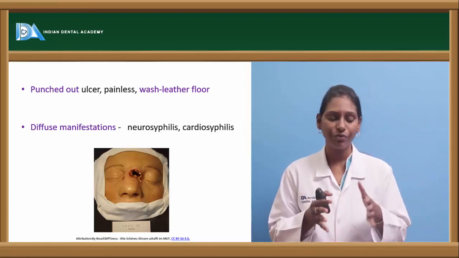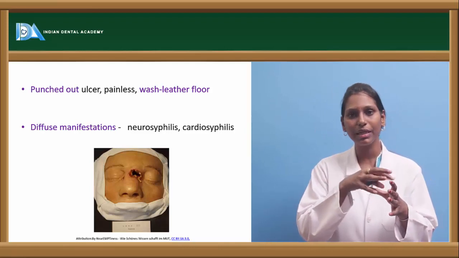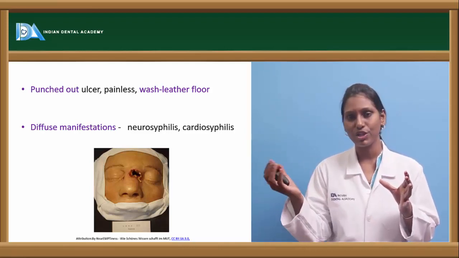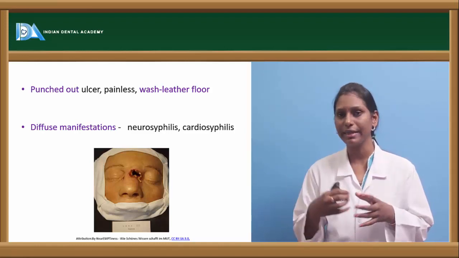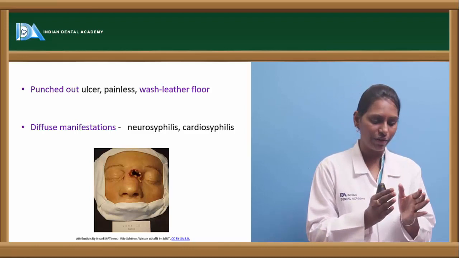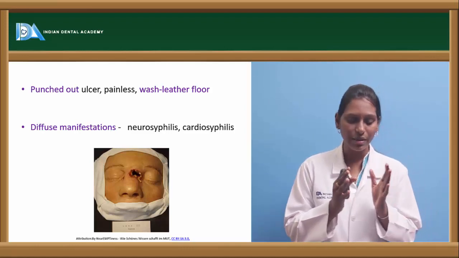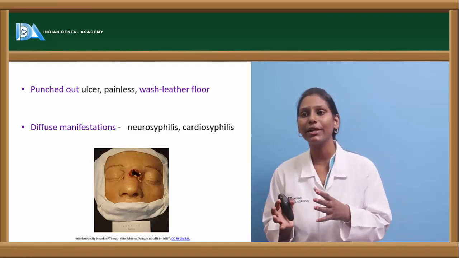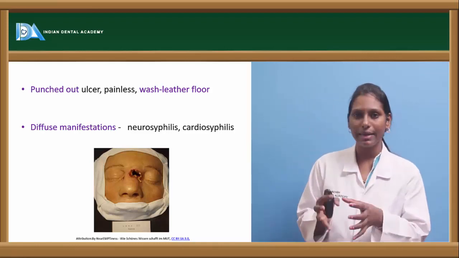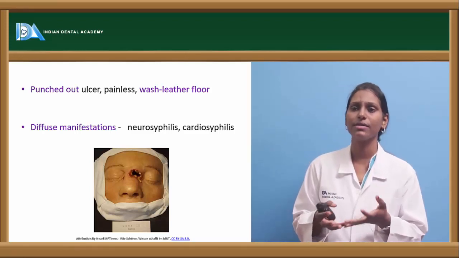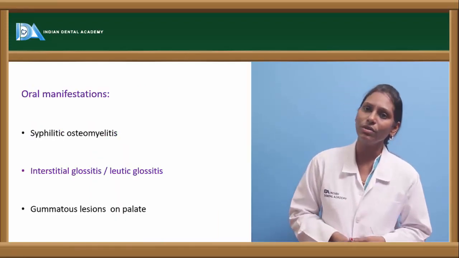Neurosyphilis is a condition where the nervous tissues are involved, and as we have already said, pachymeningitis will cause cranial palsy, right? In neurosyphilis, there will be facial nerve palsy associated with trigeminal neuropathy. When you're talking about cardiosyphilis, it usually involves the cardiac structures or cardiac system.